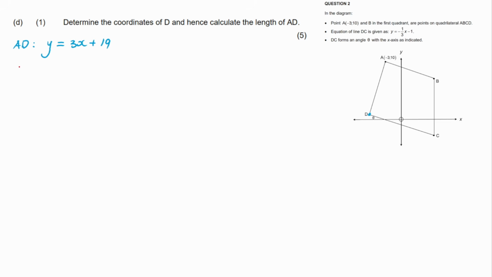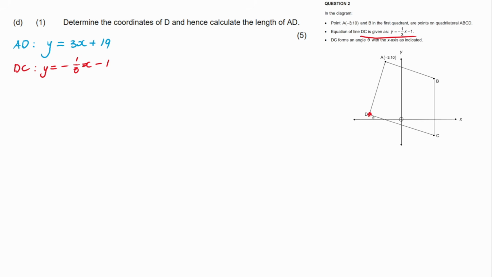And the equation for DC is given up here: y is equal to minus 1 over 3x minus 1. So those are the equations. Here's AD and here's DC.